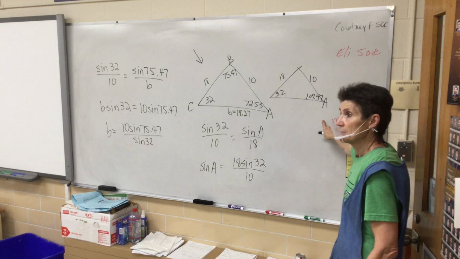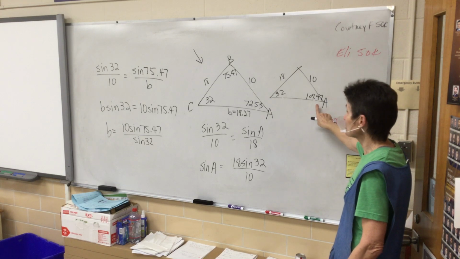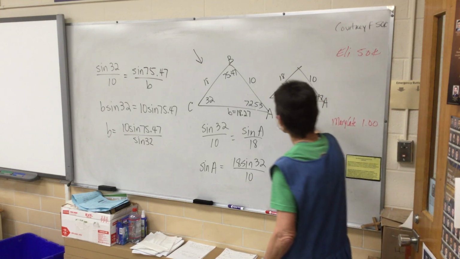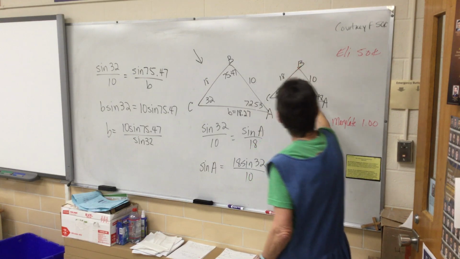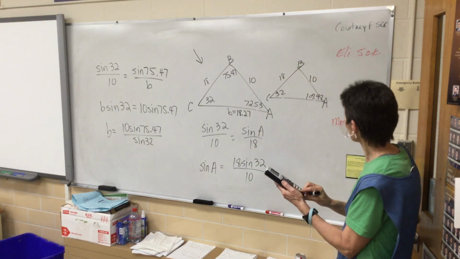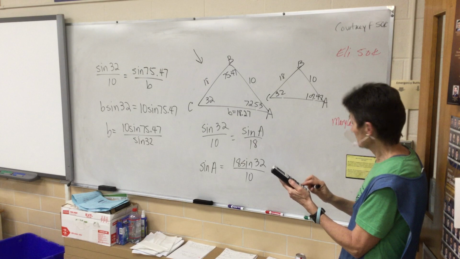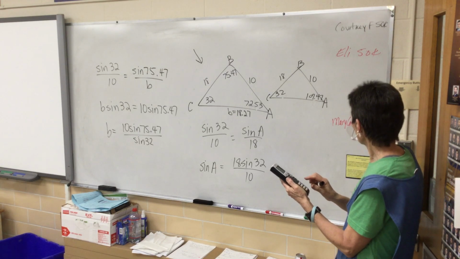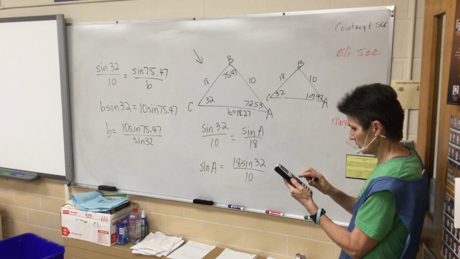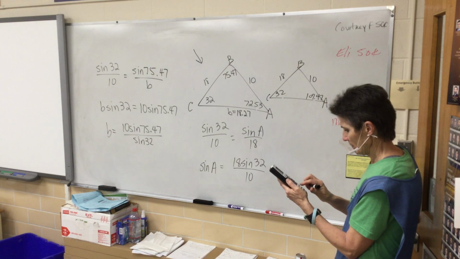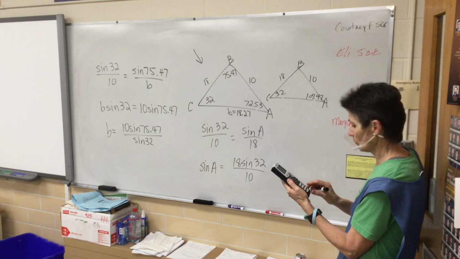So what's the first thing you're going to notice about this triangle? Let's see. We can find that angle B. So that would be, yeah, probably, I don't know, 107.57? 47.